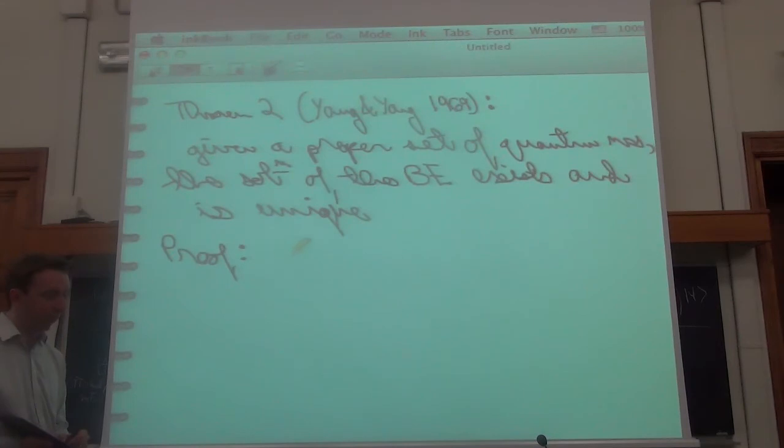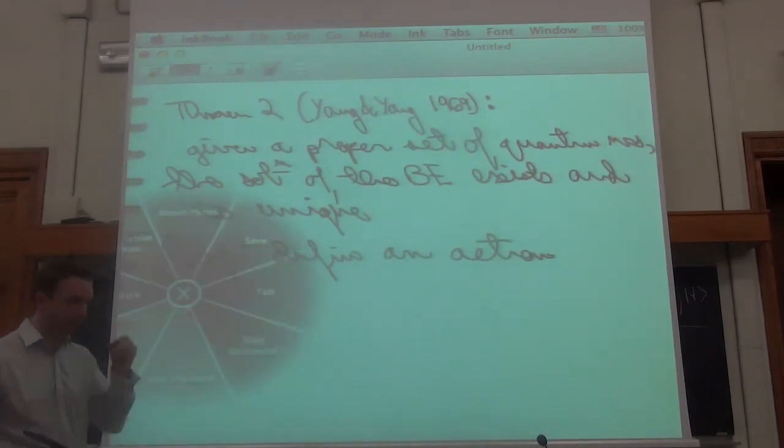So you define an action, which is the Yang-Yang action, as this.